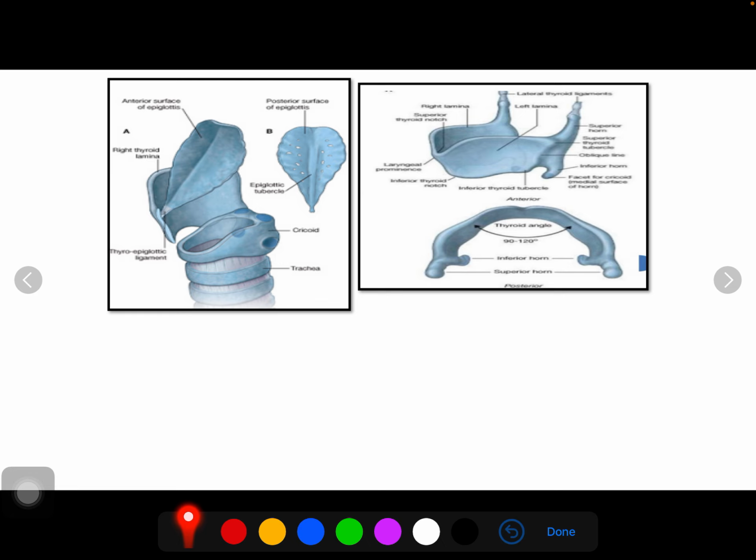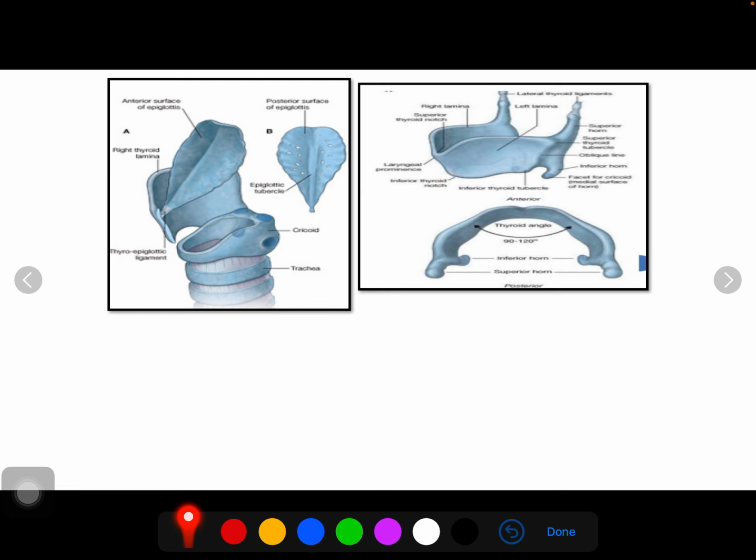The posterior margin of each lamina is free and prolonged upward, called the superior cornu or horn, and downward, called the inferior cornu or horn. The thyroid angle, called the laryngeal prominence, is called the Adam's apple in males. It is subcutaneous and hence easily palpated in the midline of the neck.